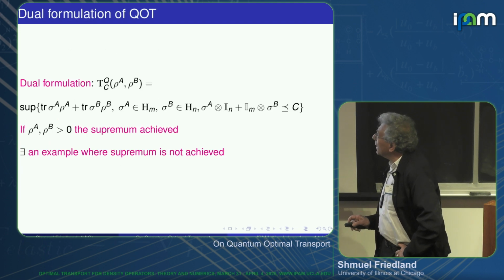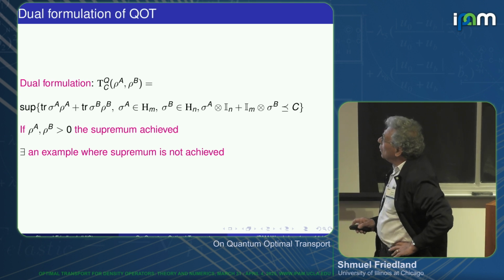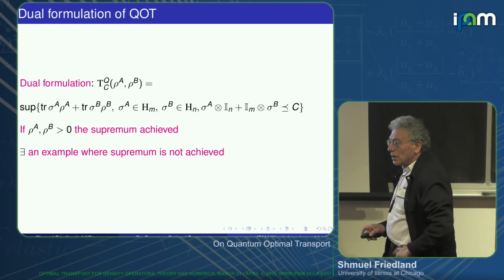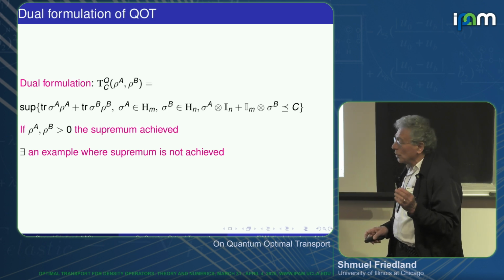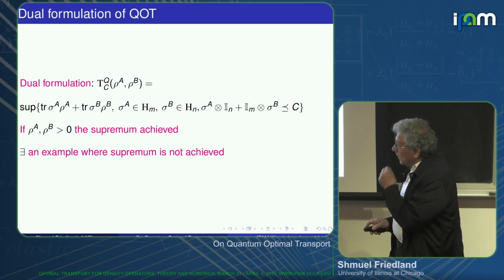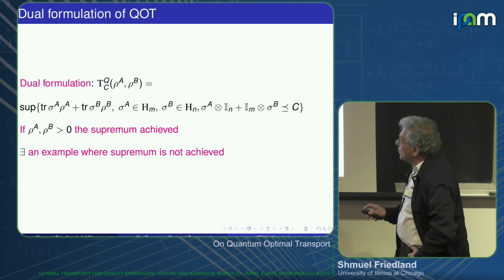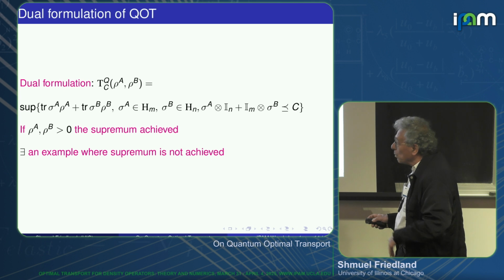So now the next thing is a dual formulation. Again, if you want to study some properties, you always have to know what the dual formulation is. In an SDP, the dual formulation replaces minimum or infimum by supremum.